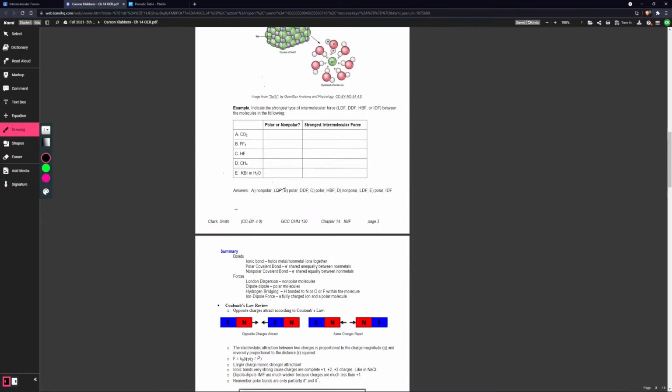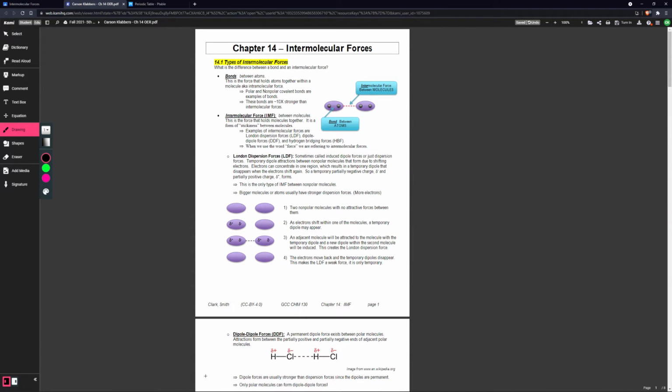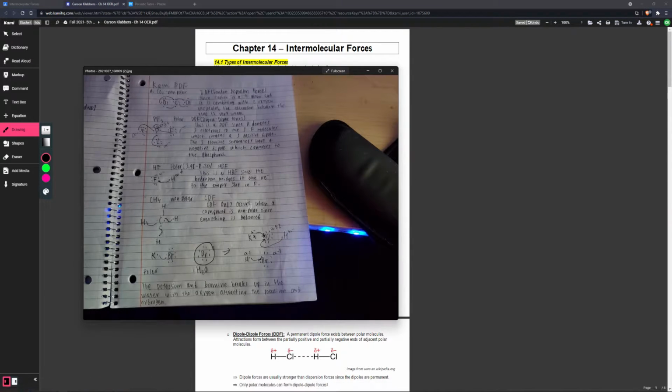And then for the dipole-dipole force, an example of this could be PF3. And this is dipole-dipole because the phosphorus is donating the 3 electrons in it, even though it's a -3, but we're going to ignore that just for now because it's surrounded by 3 fluorines. Now the fluorines are going to take the 3 electrons away from phosphorus, which is going to give it a 3+ charge.